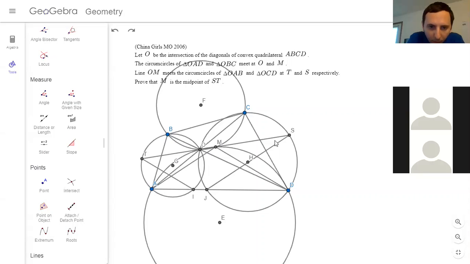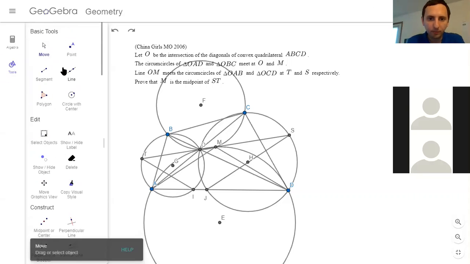Yeah, because one of the angles has to be equal, and then can we show by an angle chase that the other has to be equal? So I wonder if that just solves it. So TMB is similar to ABC, and SCM would be similar to BBC. Okay. So I think there's a really simple solution here.